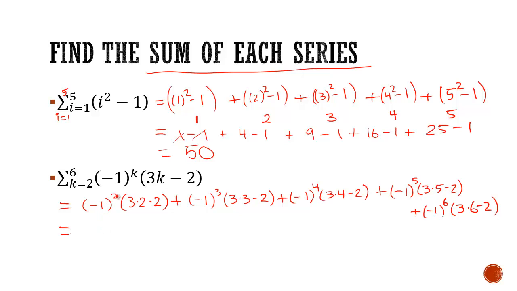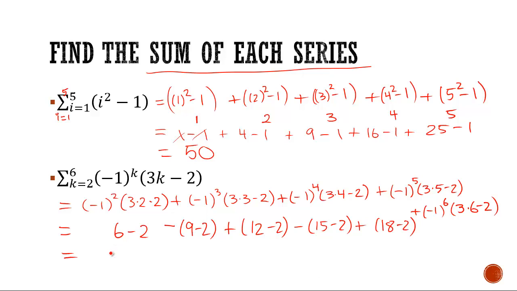So we've got positive, and then 6 minus 2, and then a negative 9 minus 2, and then a positive 12 minus 2, and negative 15 minus 2. And so you can find all these. When you add them all up, you get 10.